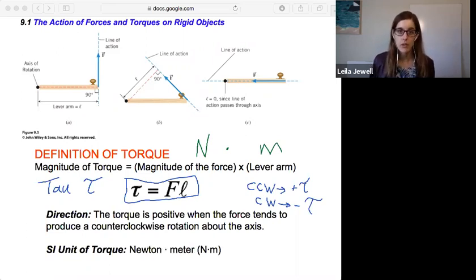Newtons times meters. Note, this is technically the same unit breakdown as the joule, my favorite unit, but we don't use joules when talking about torque because torque is not energy, even though it happens to have the same units. So just note, this is not the same as the joule. We will always use Newton meters instead.